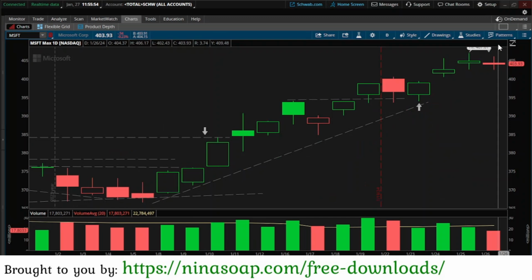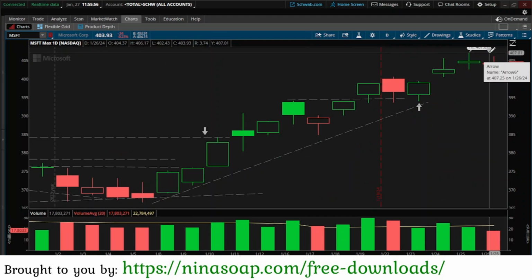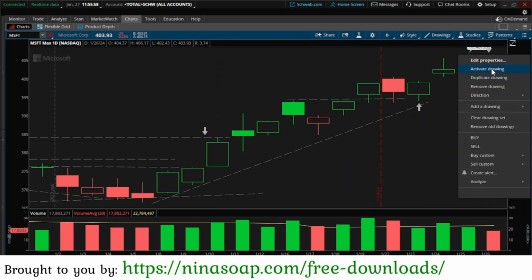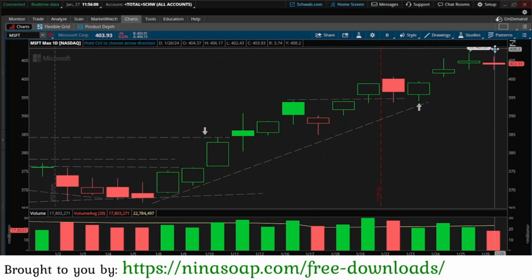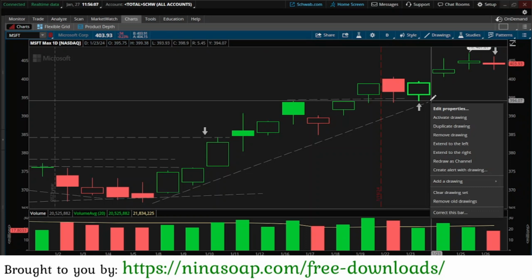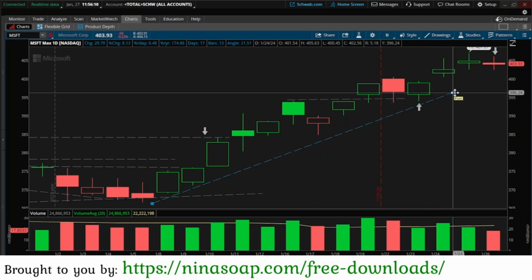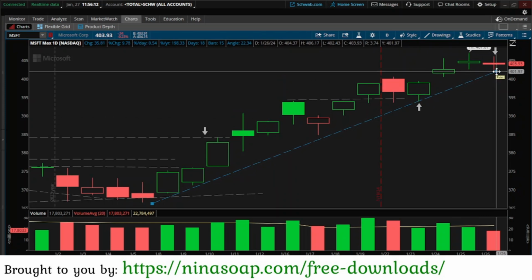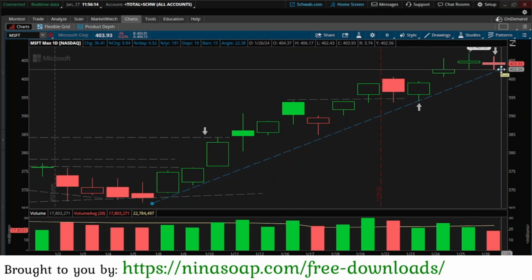Okay, so we sold it here. The bar is down there. Let's move it, and let's extend our activation. Let's extend it, and let's make it a little bit small.